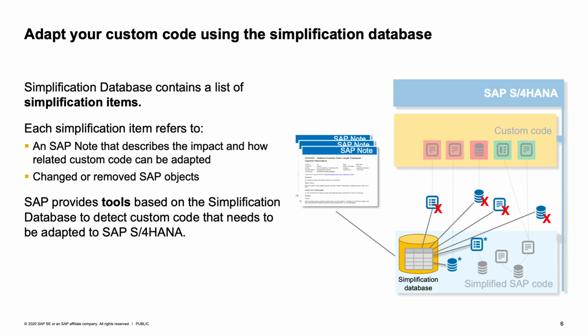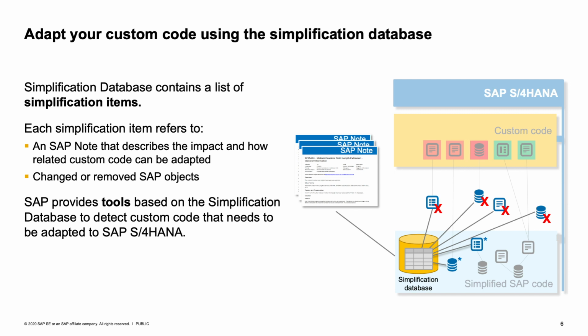Luckily, we haven't only simplified a lot in SAP S/4HANA, but we also documented each and every change in the so-called simplification database, which is the table in S/4HANA containing all the simplifications to SAP standard objects as so-called simplification items.